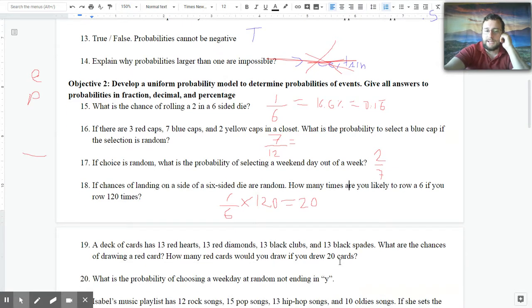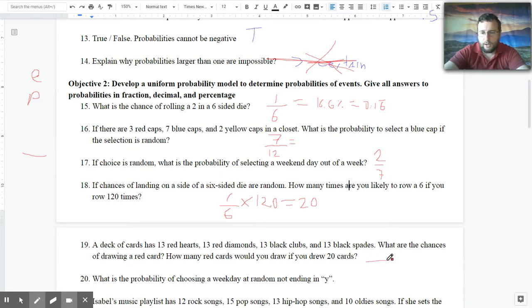All right, let's try to do 19. A deck of cards has 13 hearts, 13 diamonds, 13 clubs, and 13 spades, right? So the hearts and diamonds are red, and the clubs and spades are black. What are the chances of drawing a red card? All right, so you don't really need to worry about the suits too much. It's just figuring out what the total is.